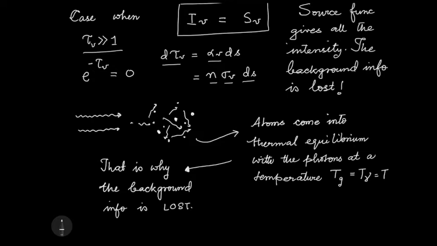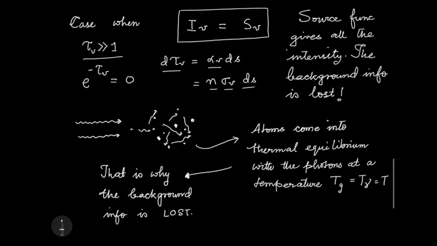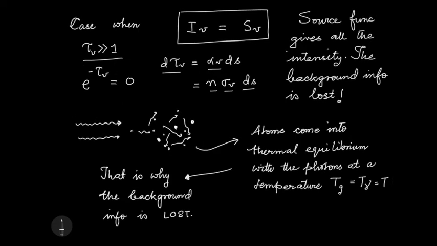That is why in the summertime, our walls and roofs get hot as a lot of sun rays fall on them. And then after some time they start re-radiating inside and we feel very warm. We feel not warm but hot. So that's what is happening when there is a lot of collision, which is the case when the optical depth is much, much greater than 1.